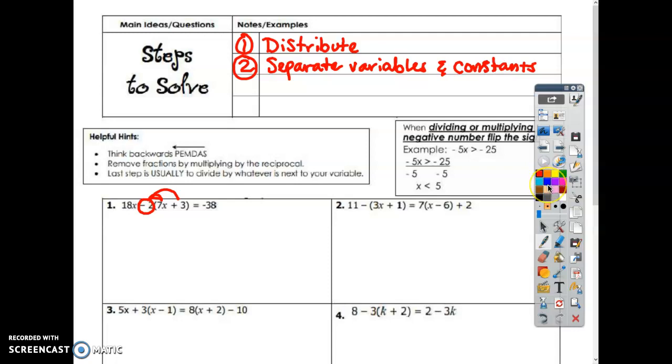Once they're on different sides, then you can combine like terms. So step number 3, combine like terms. And step number 4 is always to divide or multiply. So we're going to solve for the variable.